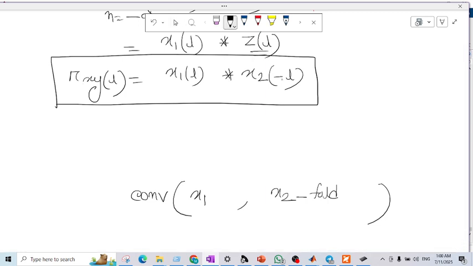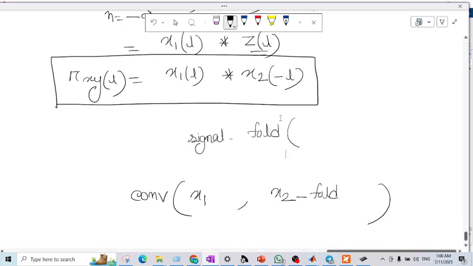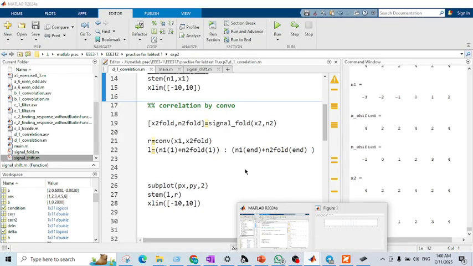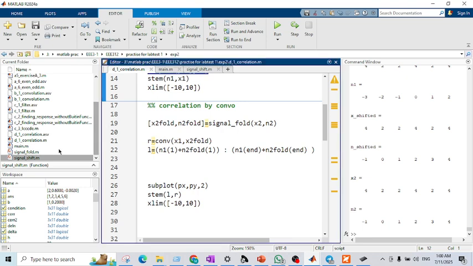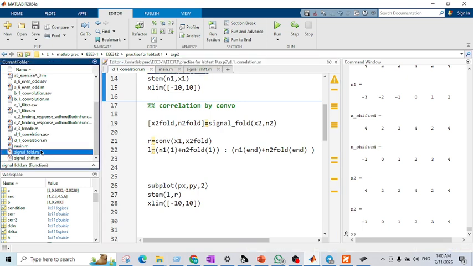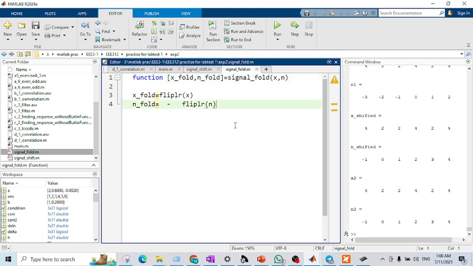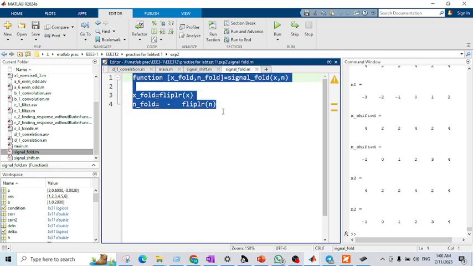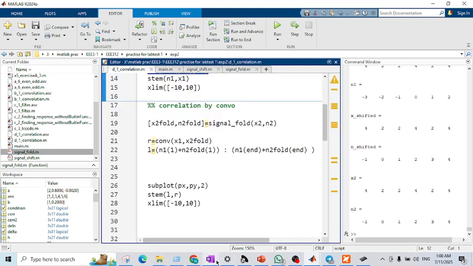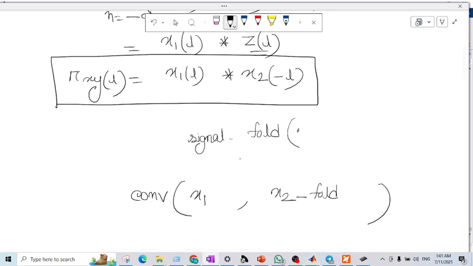We can fold this signal by using the signal fold function, which is also a function written by me. Let me show you signal fold. It's a three-line function, very easy. I will pass x2 and n2, and I will get x2 fold and n2 fold.